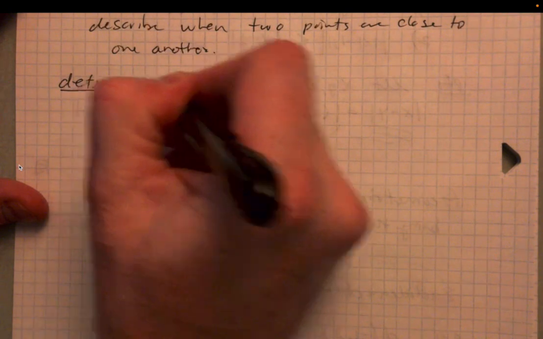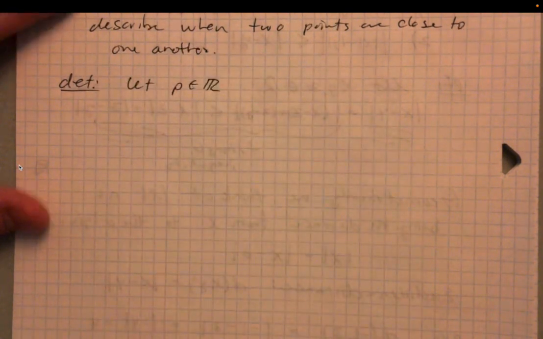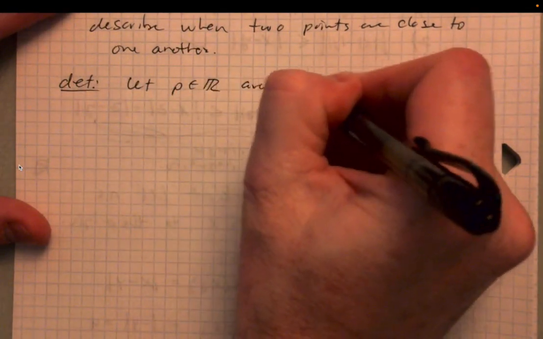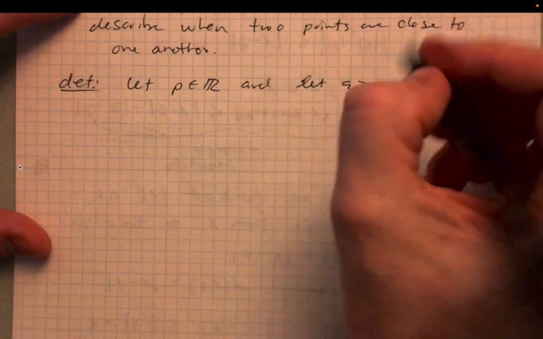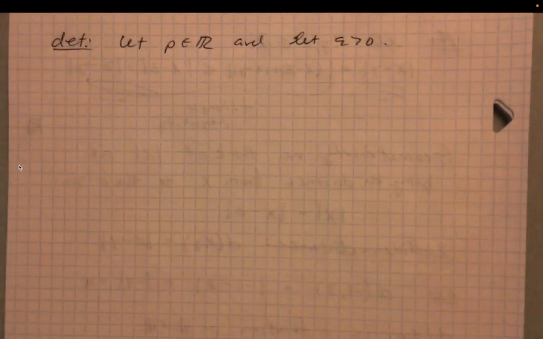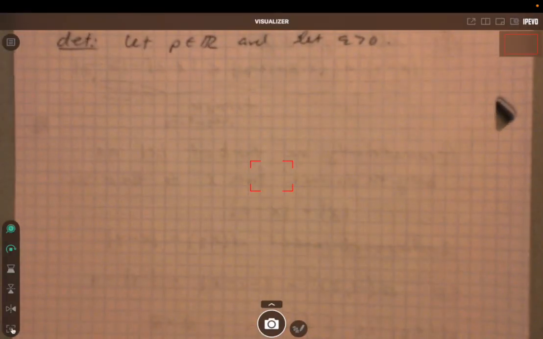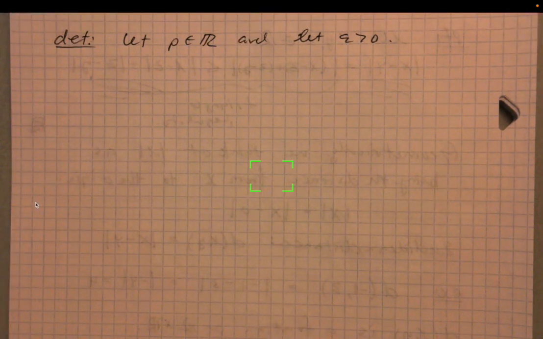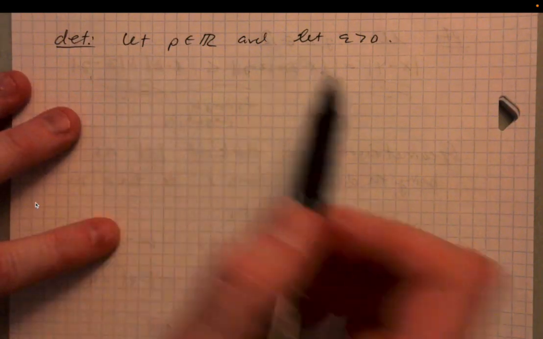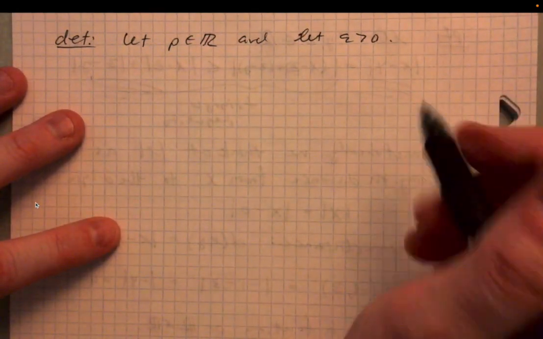We'll let P be a real number, and we'll let epsilon be greater than 0. Usually when we use the symbol epsilon to denote some real number, we typically mean epsilon is really small. So when we say let epsilon be greater than 0, we mean it's a small quantity, but positive.